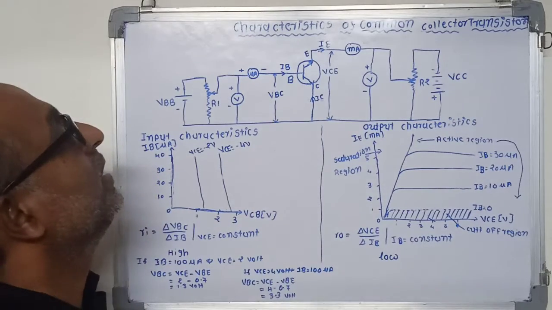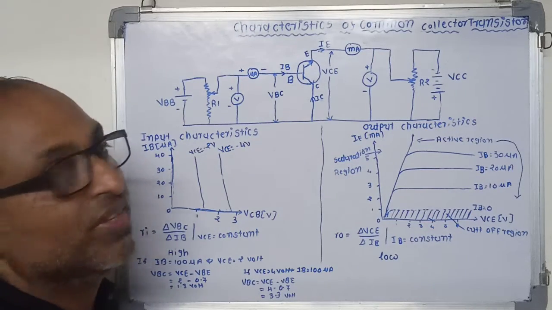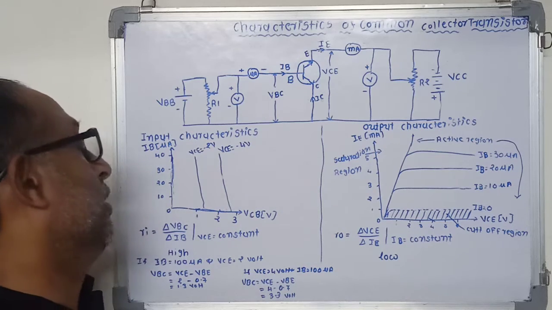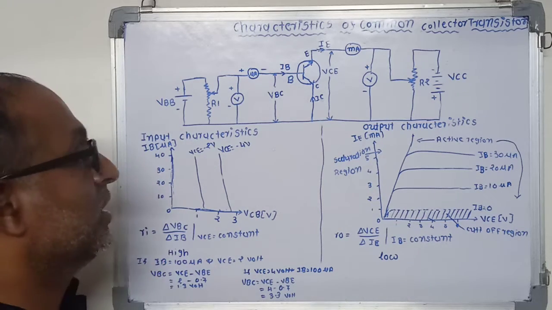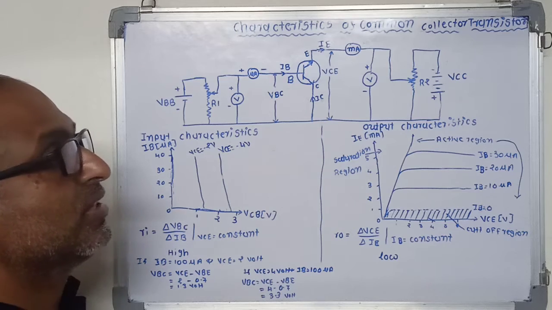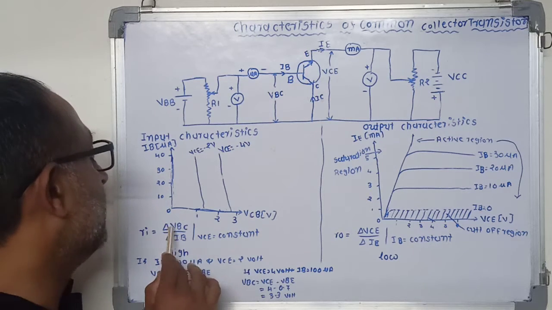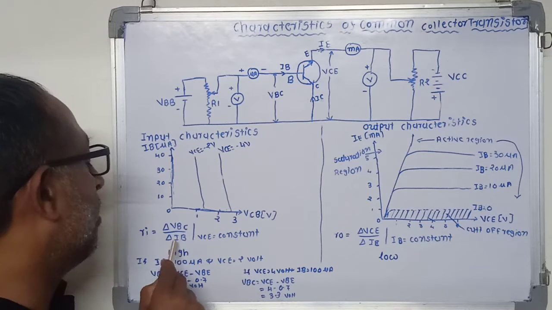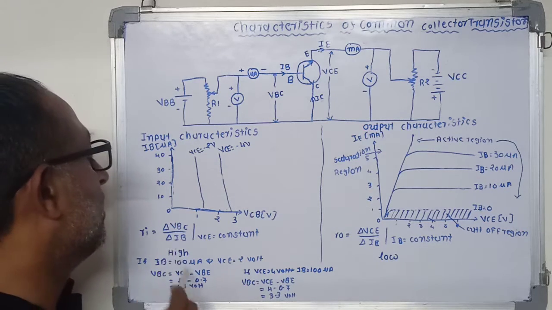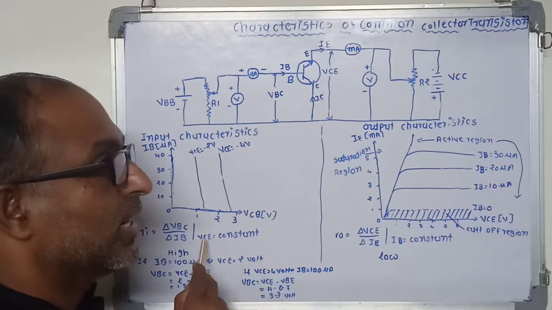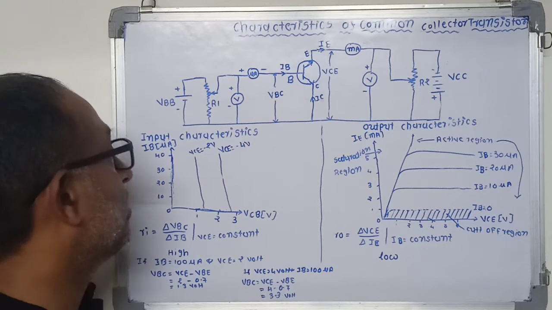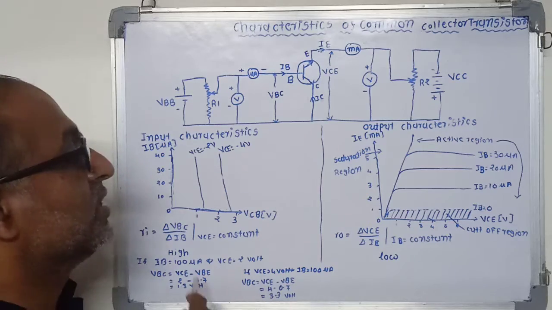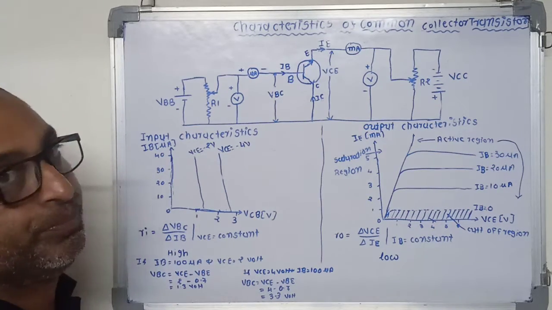So we can say that if we are increasing the value of VCE, the value of base current reduces. Now the input resistance. The input resistance is the ratio between the change in base collector voltage and the corresponding change in base current at constant collector emitter voltage, and its value is very high.